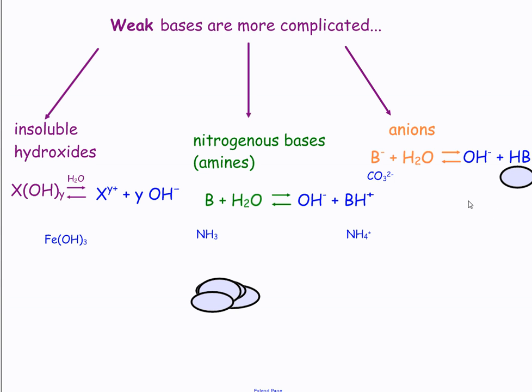They have a fairly high pH when you dissolve them in water, because what happens is they form hydroxide ions and HCO3 minus. So we've taken a look at 3 different types of bases, strong and weak, and 3 different types of weak bases. Now you'll be able to put them all together and write some balanced equations.